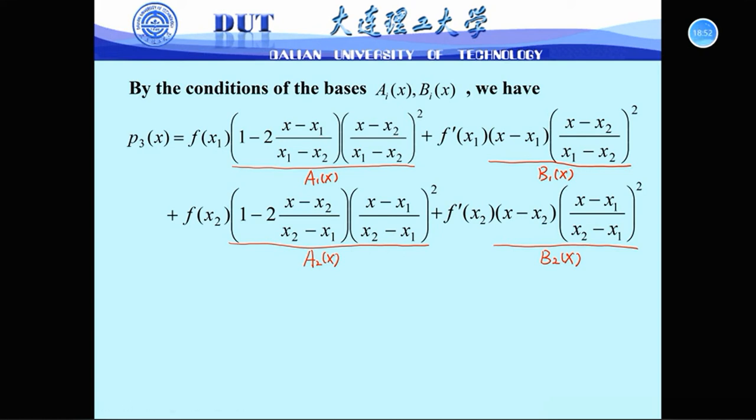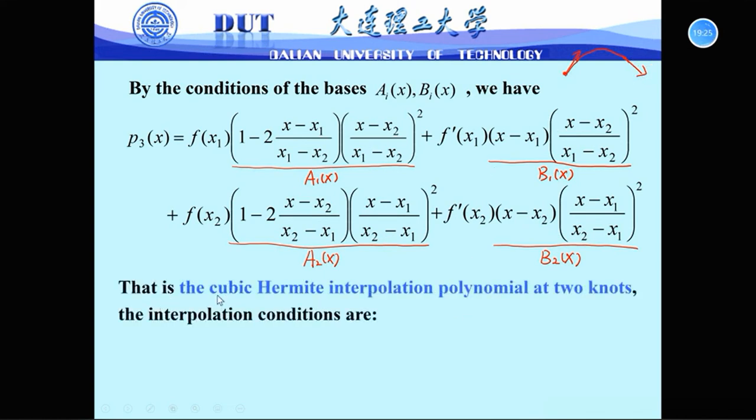That means from this point's tangent line and this point's tangent line, you can obtain a unique cubic polynomial passing through the 2 points with the same corresponding tangent lines. This is the popular and famous cubic Hermite interpolation polynomial at 2 nodes.